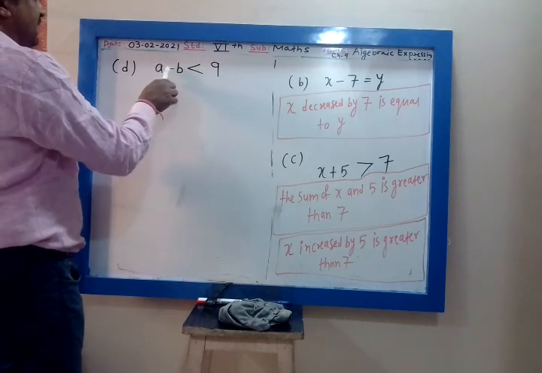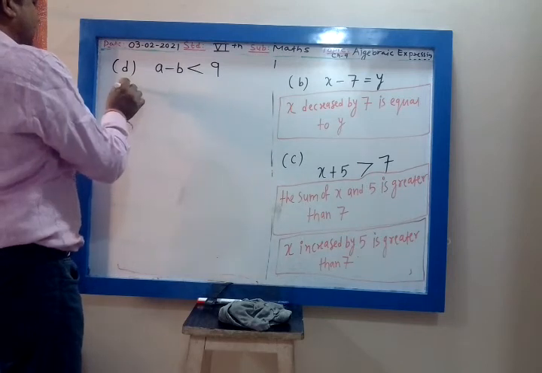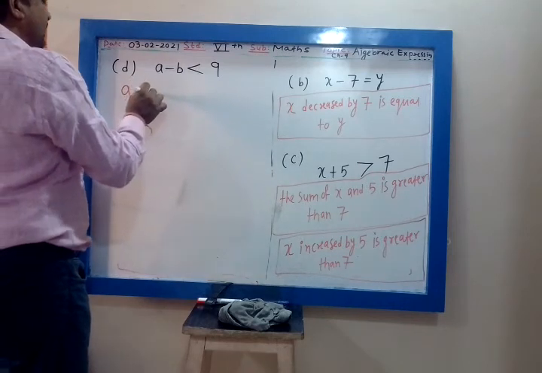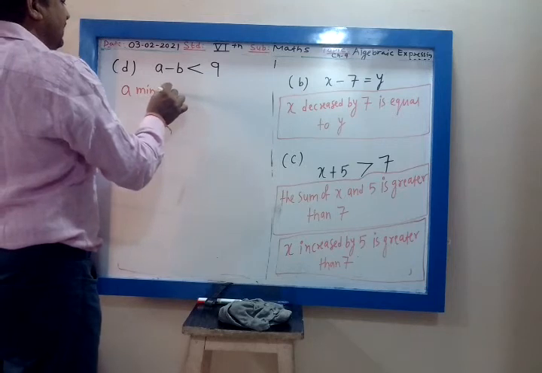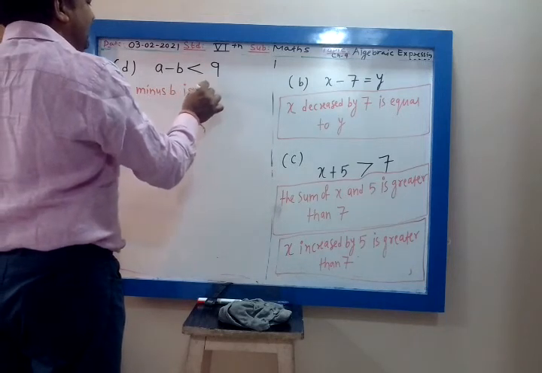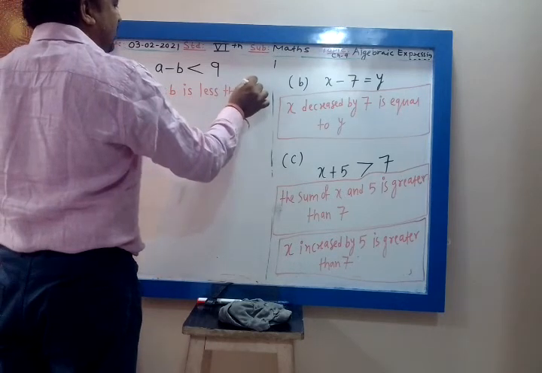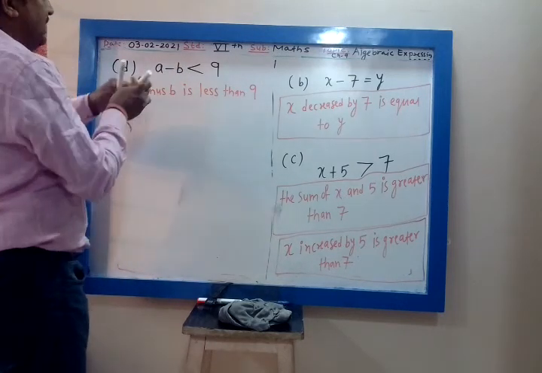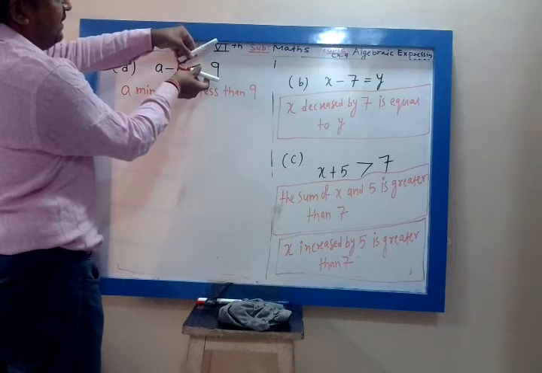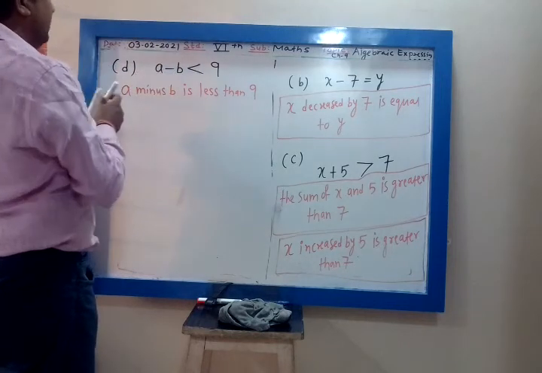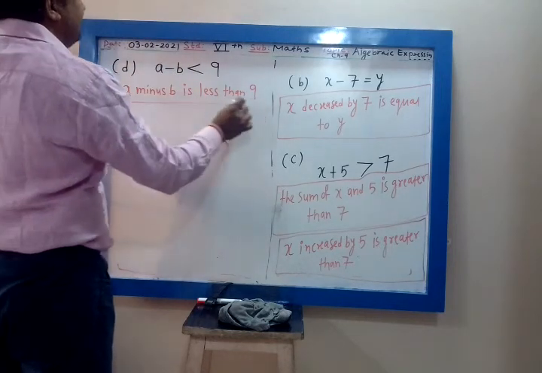Minus means it is the minus sign. So we write a minus b is less than 9, because the inequality is towards 9. So 9 is bigger, a minus b is smaller. So a minus b is less than 9.